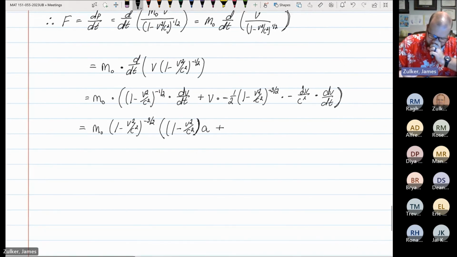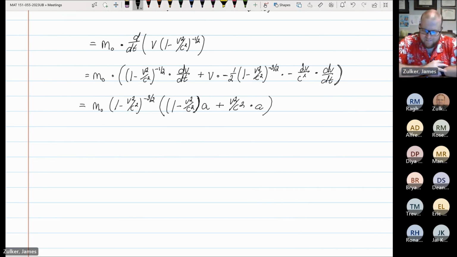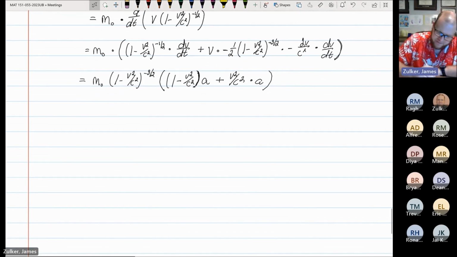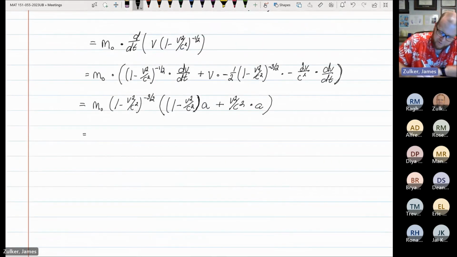A half times 2 is 1. We have a v squared over c squared times a. Could have factored out that a sooner.